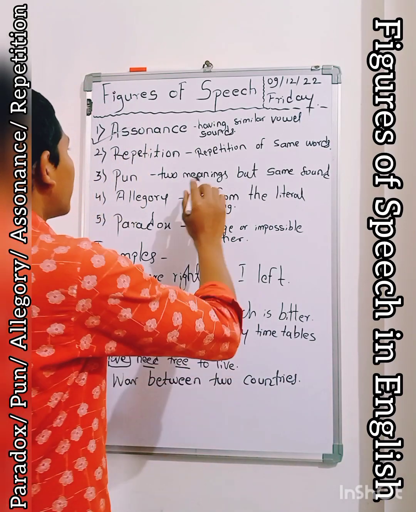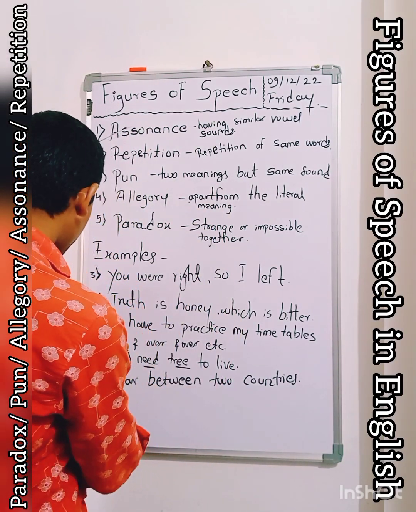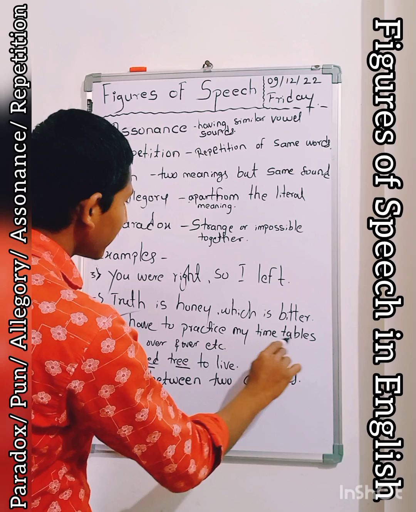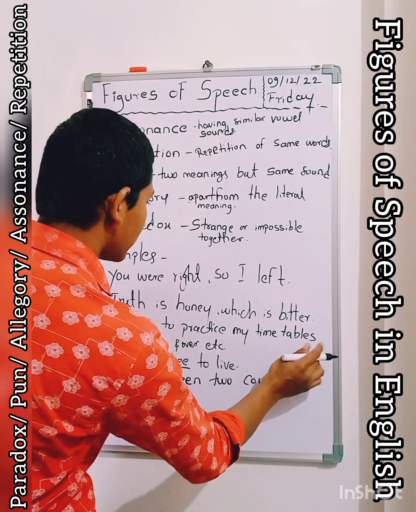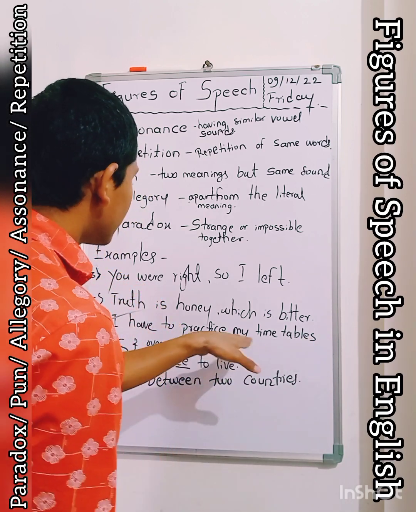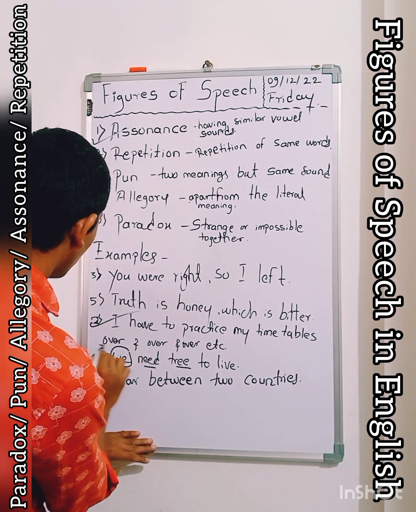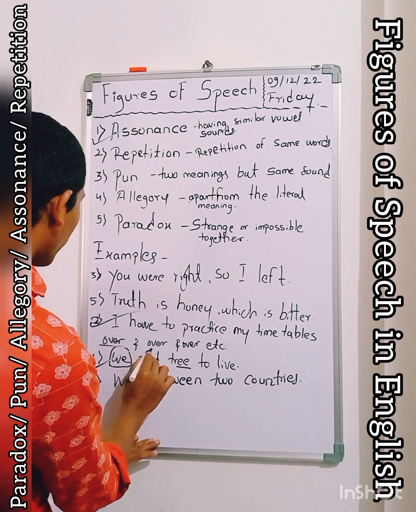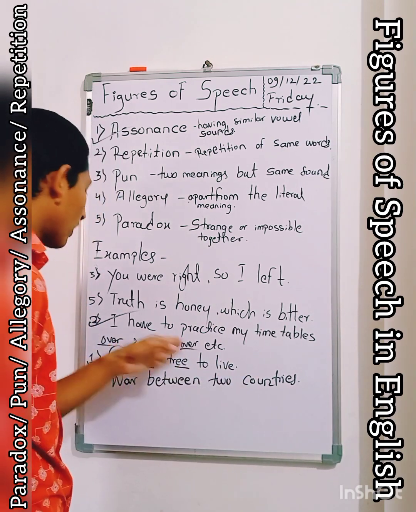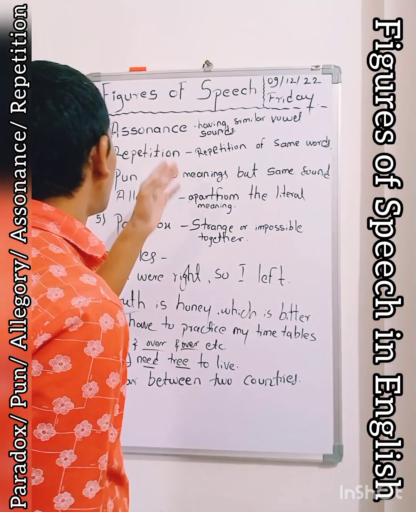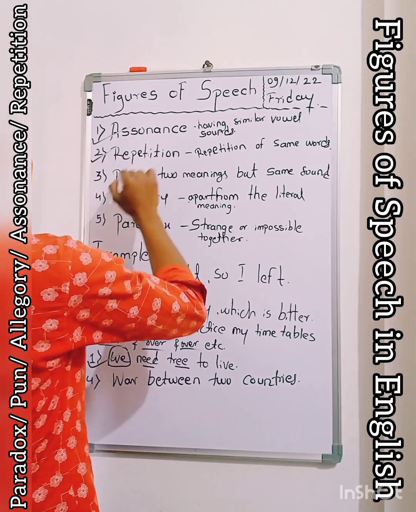Here is the example: I have to practice my timetables is just the rest of the sentence, and the actual repetitive words are over and over and over.